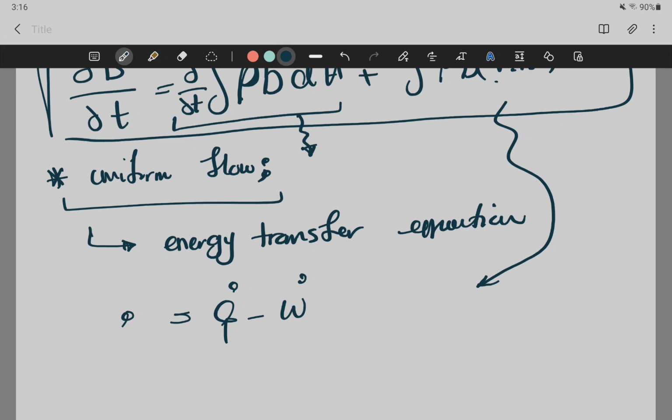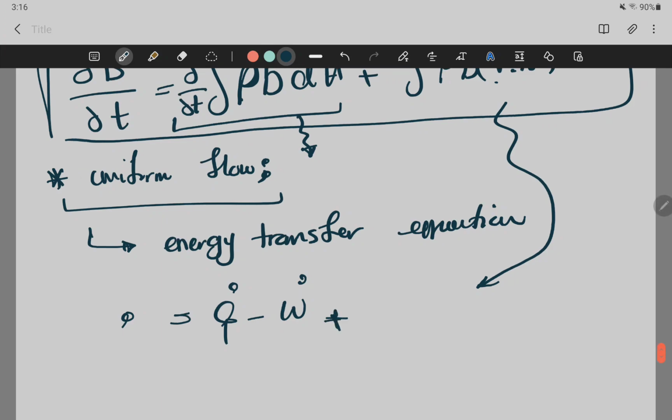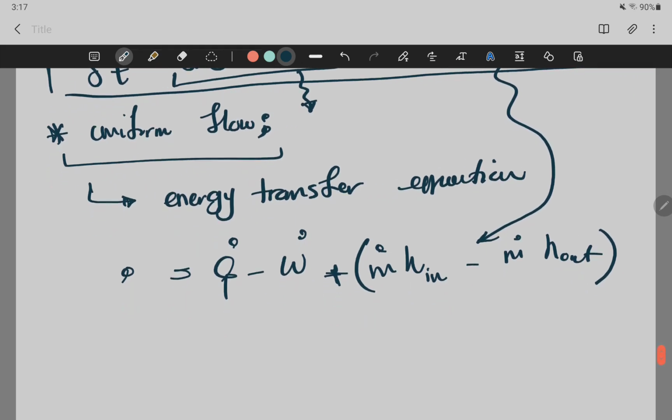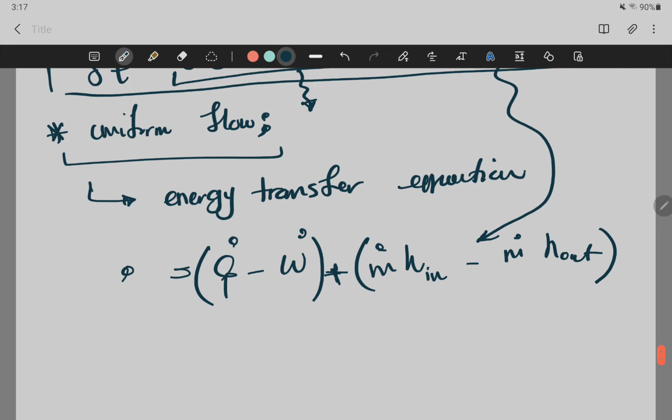So the amount of energy in that fluid is going to be m dot h in minus m dot h out. So this refers to the energy that is leaving or coming into the system. This refers to the work done on or by the system, and heat transfer to or from the system.